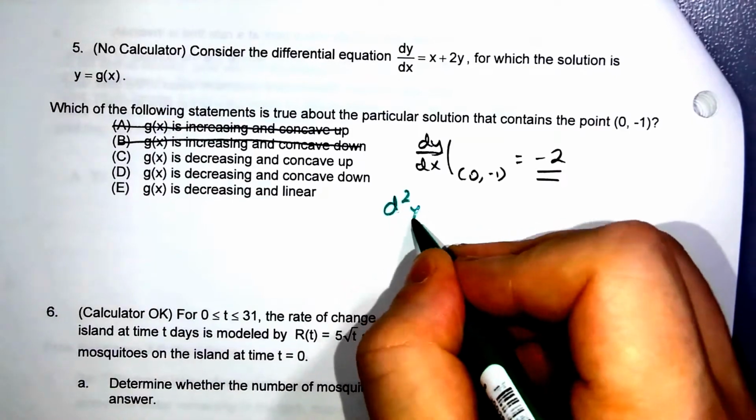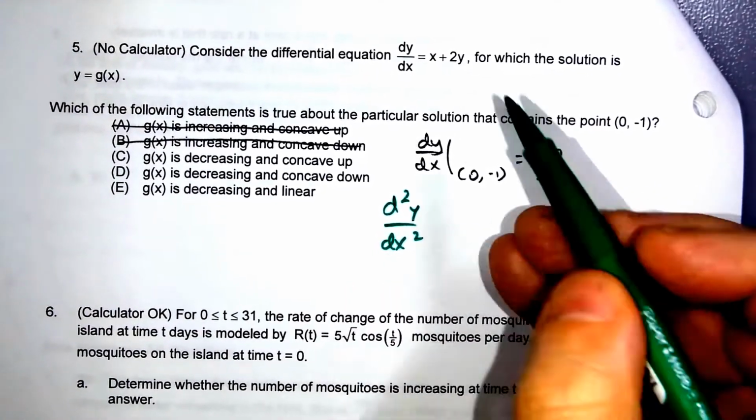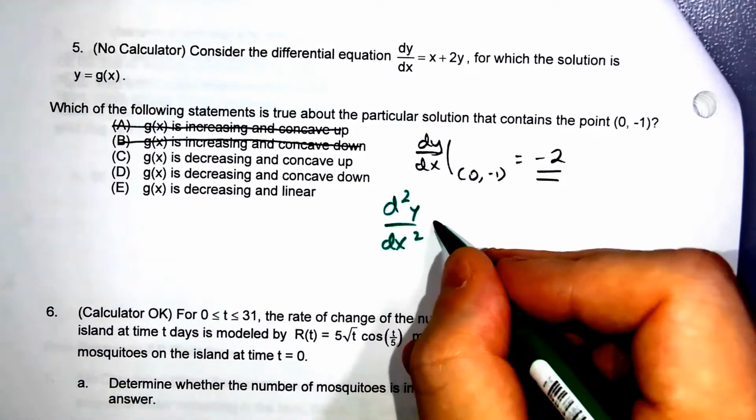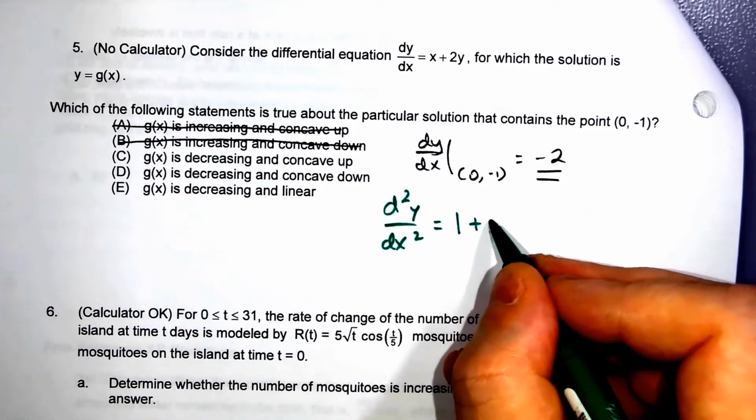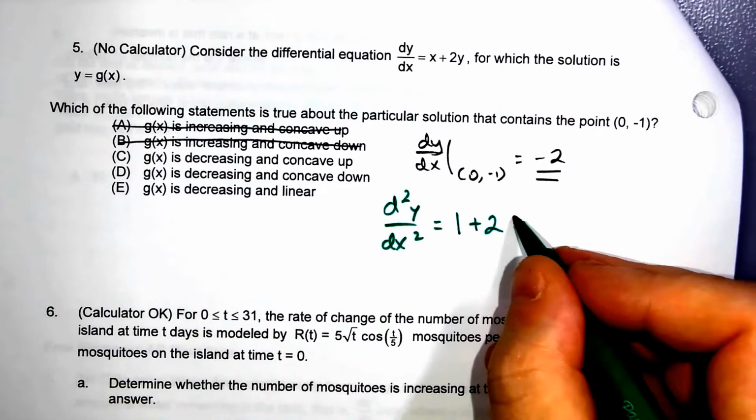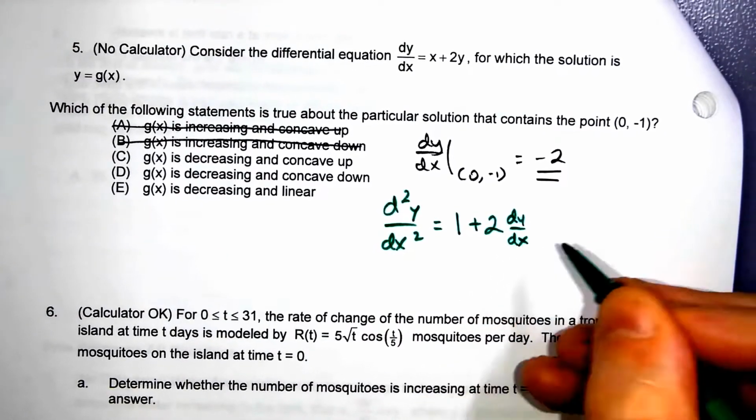So the second derivative, which is d squared y dx squared, is the derivative of x with respect to x, which is 1, plus 2 times the derivative of y with respect to x, which is dy dx.